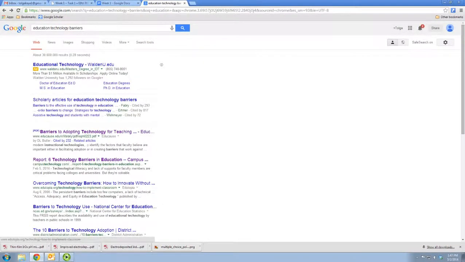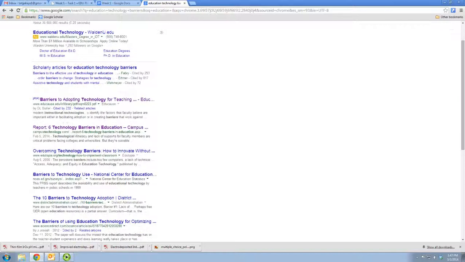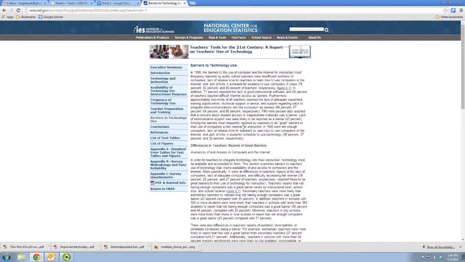Overcoming technology. Well, these are solutions, but barriers to technology use. National Center for Education. So barriers to technology use in 1999, the barriers to the use of computers. Okay, well, teachers' tools for the 21st century.